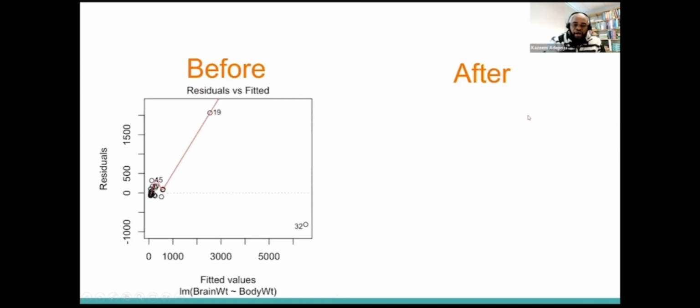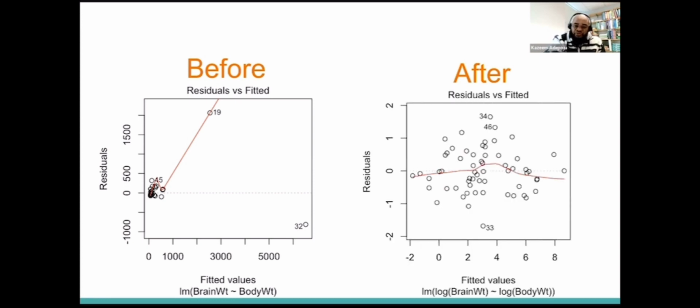Okay, so if I also want to look at the diagnostic plots, the residual plots and the normality plots. Before, this is a residual plot. You can see it's not looking good at all.